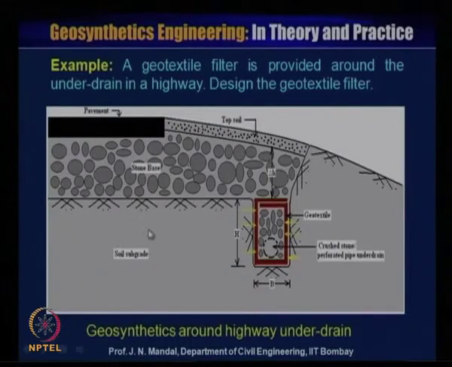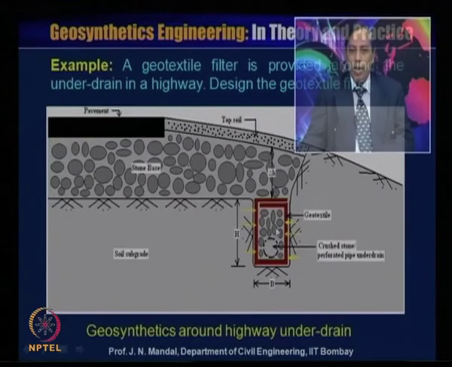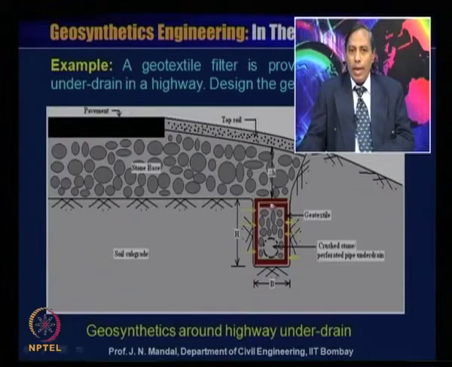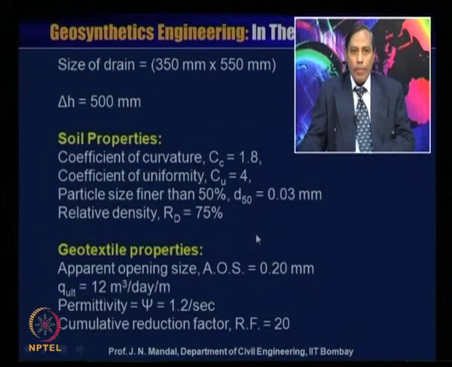So, this is the subgrade, this is the stone base, this is the pavement, this is the topsoil, and this is the drain, with width B and height H, and this red line is the geotextile material, and this is the crushed stone and perforated pipe under drain, that is optional, and this is delta H. So, this is the geotextile area around the highway under drain.